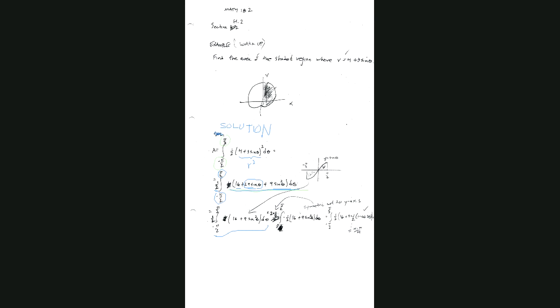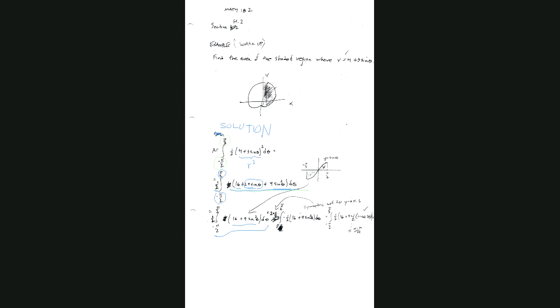But what I'm doing here, so 16 plus 9 sine squared of theta should be symmetric with respect to the y-axis, because the sine squared, it's like if you take, well, it should be an even function.